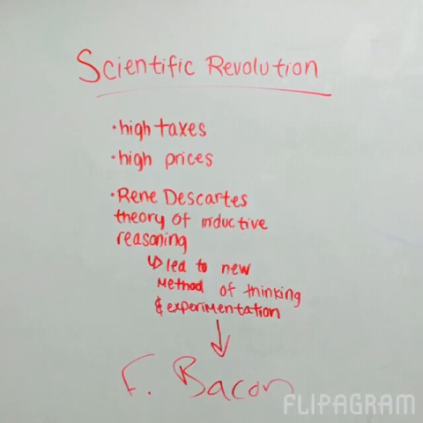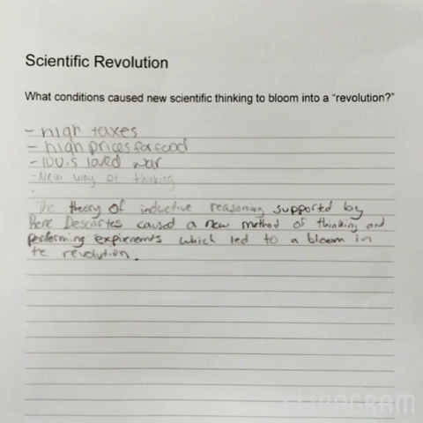So this is actually the sheet that you had that you worked on in groups. It says here at the bottom, the theory of inductive reasoning supported by Rene Descartes caused a new method of thinking and performing experiments which led to a bloom in the revolution. Just remember, you got to look at Francis Bacon for the scientific method on that. Also, bring in more of the other scientists. What about Galileo?